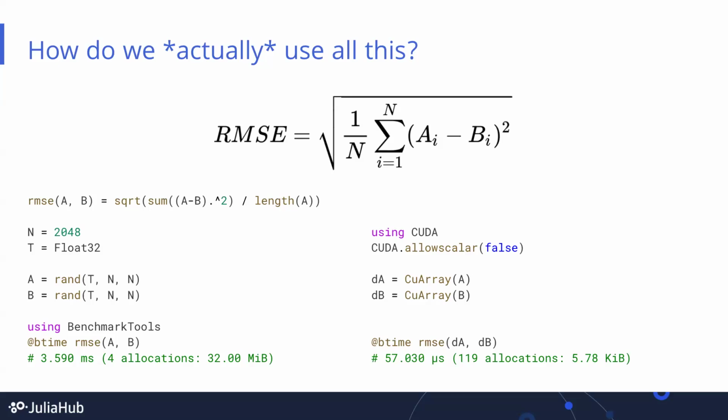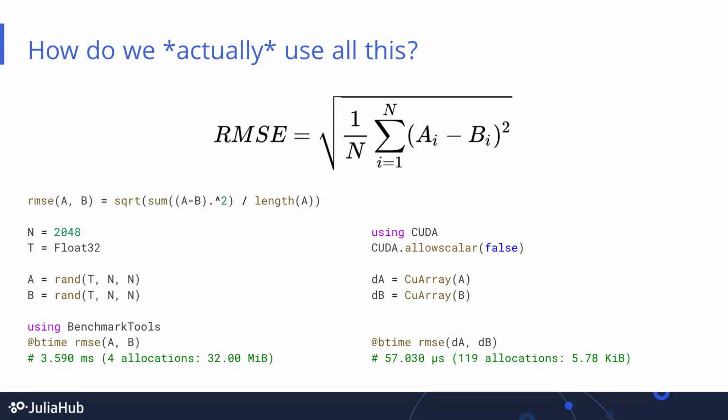Porting to the GPU is trivial because we can just retain the definition. Instead of rand, we use CUDA.rand. We crucially disable scalar iteration. This is something I haven't mentioned yet, but in the cases that you're calling an array operation that has not been optimized or implemented for the GPU, we will typically fall back to a generic implementation in the Julia Base standard library, which oftentimes uses for loops to compute something element by element.